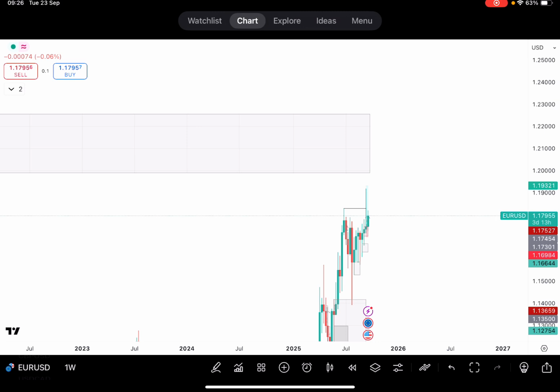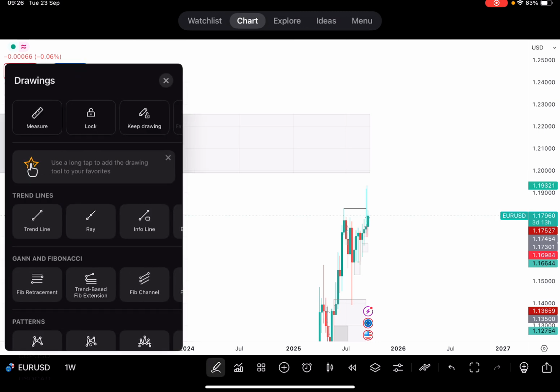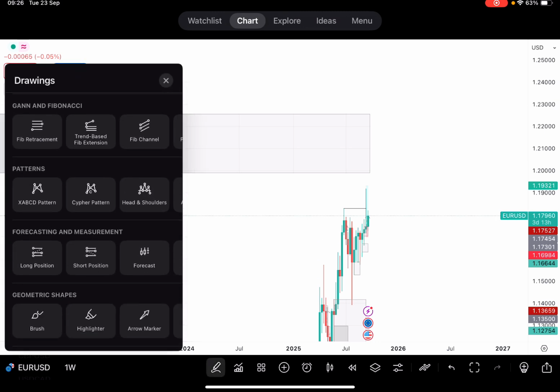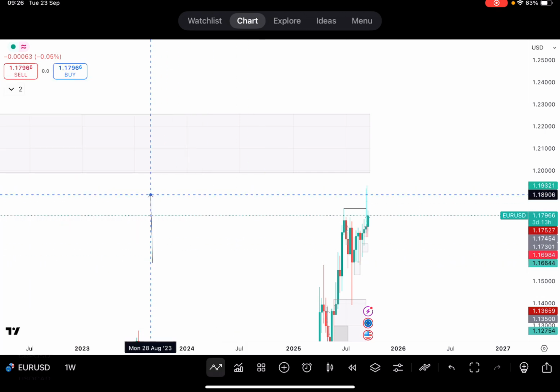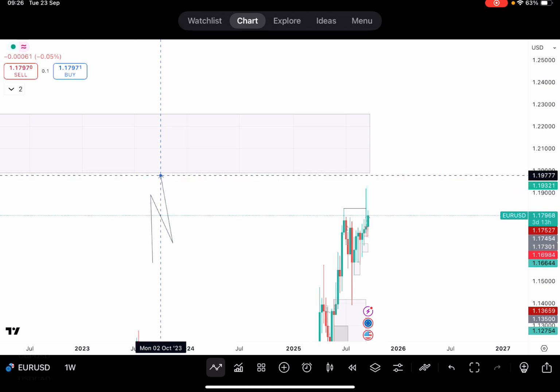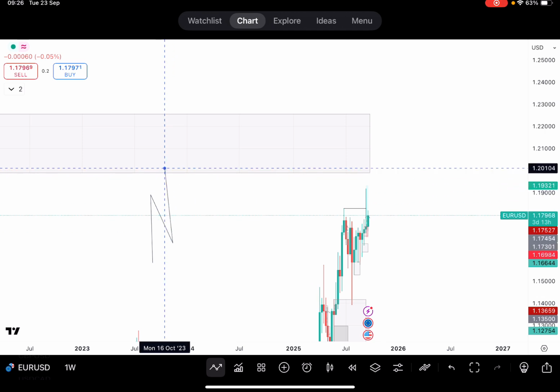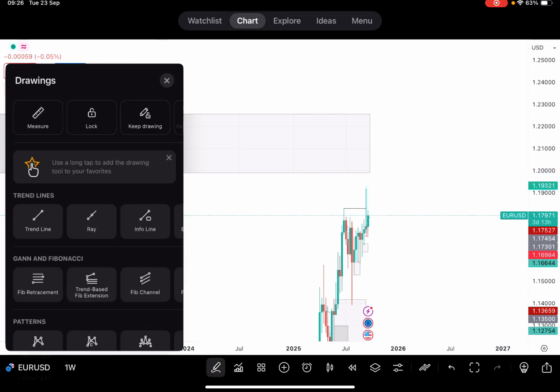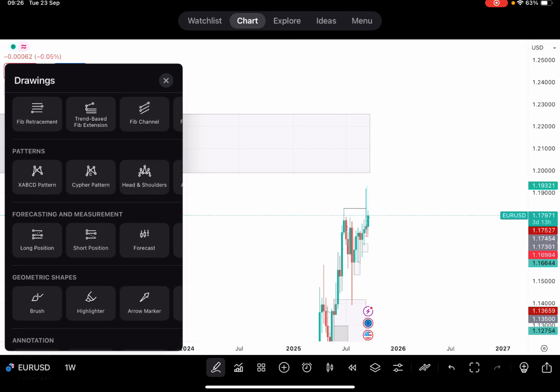But after a break of structure, that's what indicates a higher high or higher low. There has to be a break of structure. This is a break of structure. This is a break of structure. So first structure. So a break of structure is this.